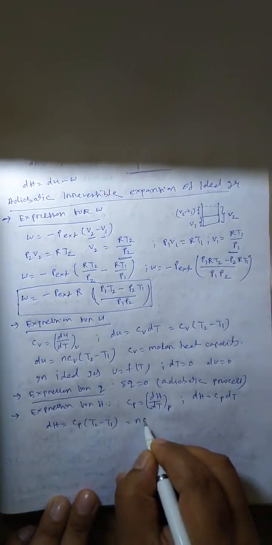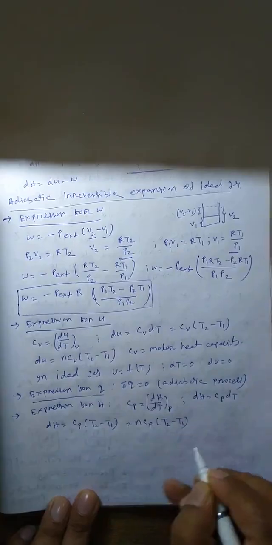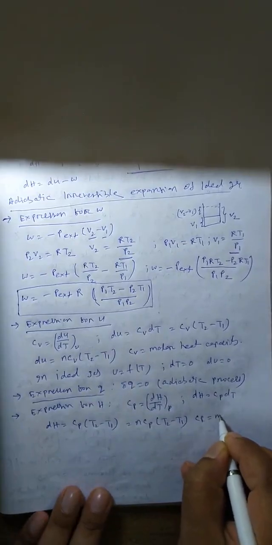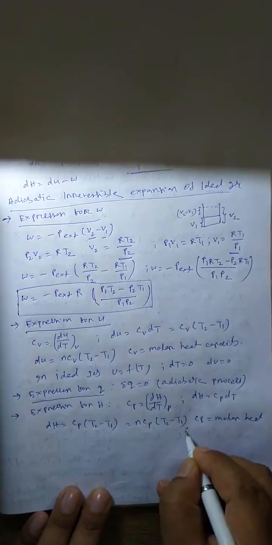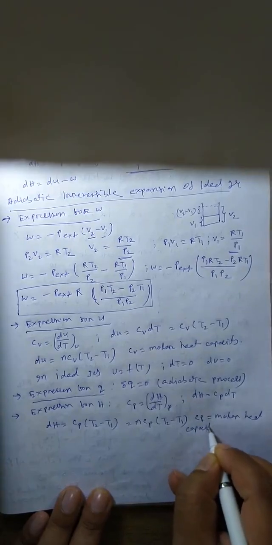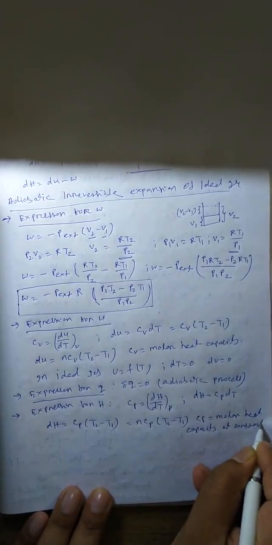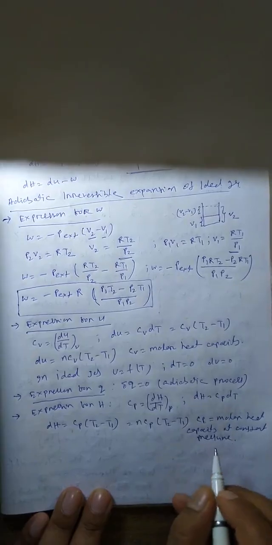Then for n moles, dH is equal to nCp (T2 minus T1), where Cp is the molar heat capacity at constant pressure.